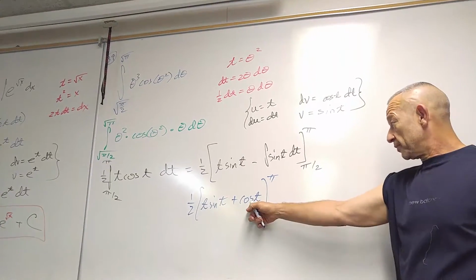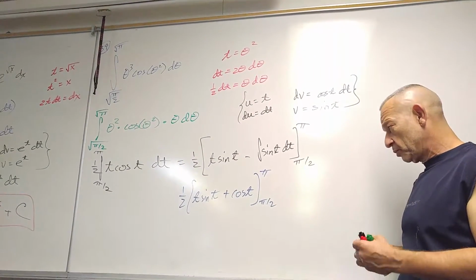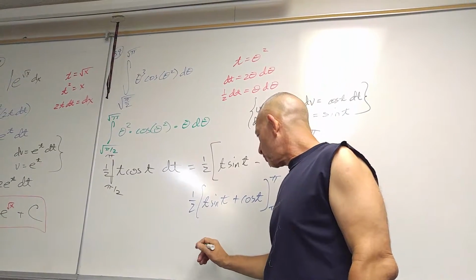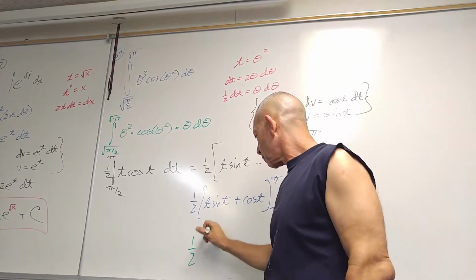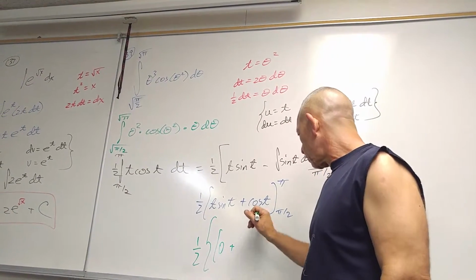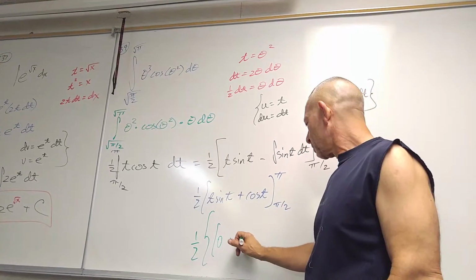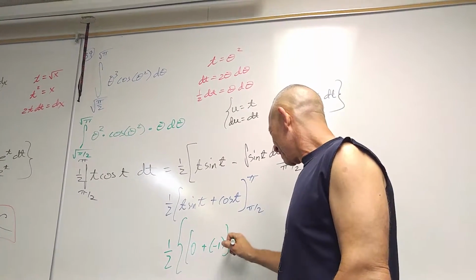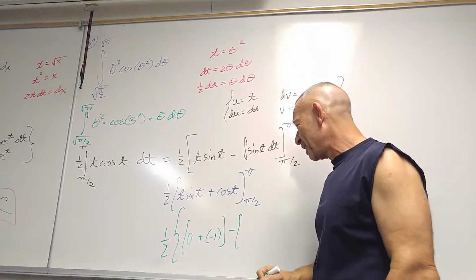Right, because the derivative of the cosine generates the minus sign we're looking for. Now let's plug in pi. What is the sine of pi? So this becomes 0 plus cosine of pi. Negative 1. Minus, now let's plug in pi over 2.